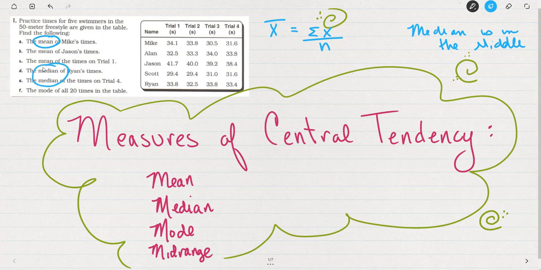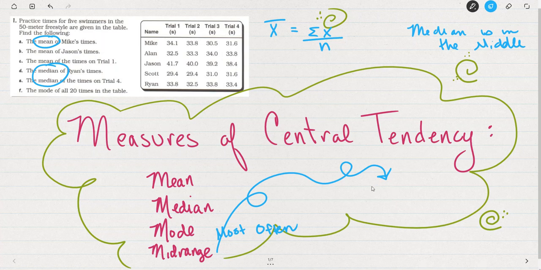And then finally, the mode will tell us which score, in this case, which time score appears the most often. Now, this activity doesn't ask us to calculate the mid-range, but I do want to make sure you're able to do the mid-range.